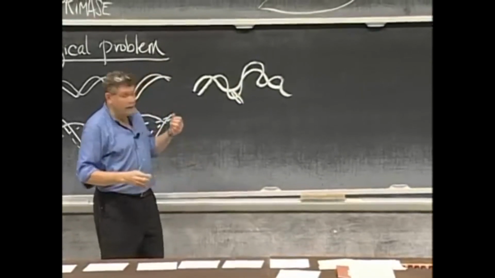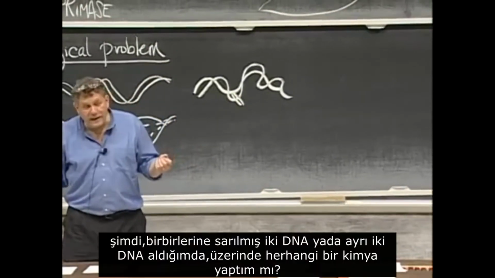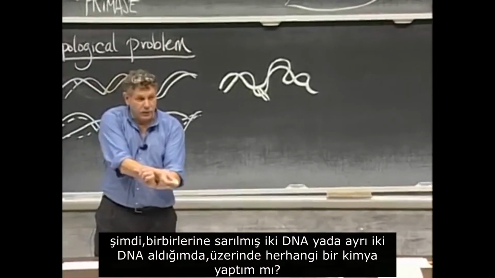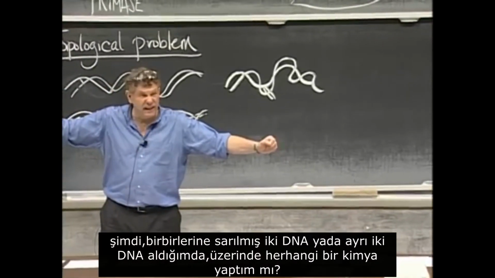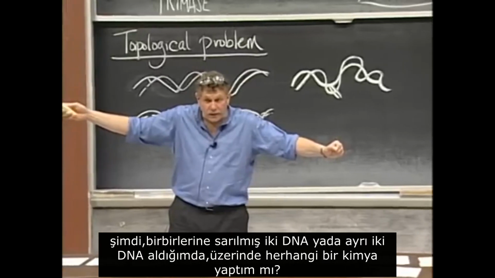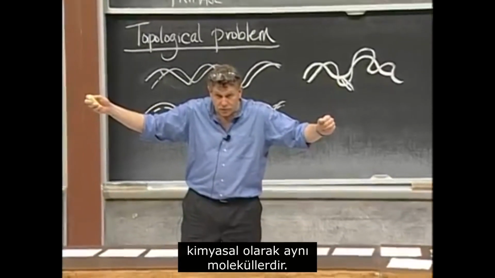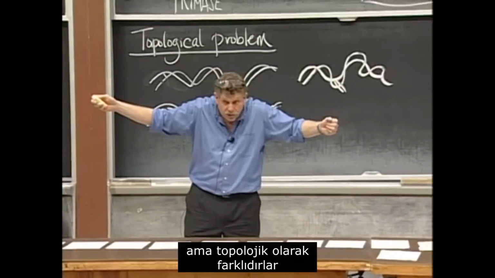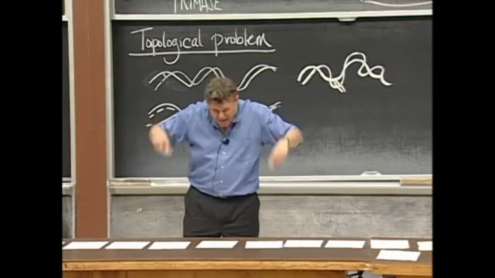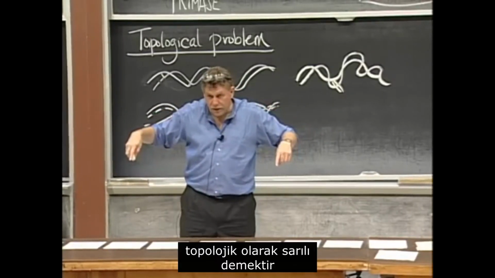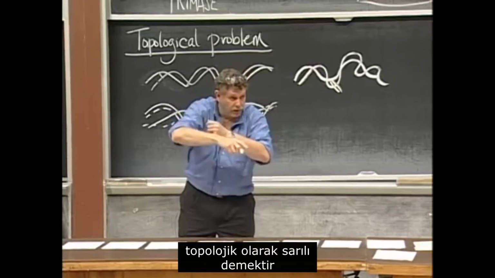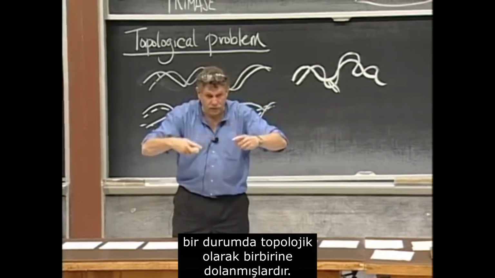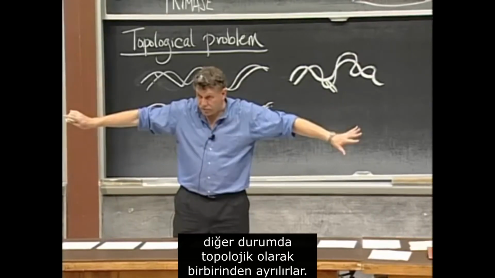Now, when I take two DNAs that were wrapped around each other, or two DNAs that are separate, have I done any chemistry on them? Are they chemically different? They're chemically the same molecules, but they're topologically different, right? Topologically means wrapped around. In one case, they were topologically entangled. In the other case, they're topologically separated from each other.